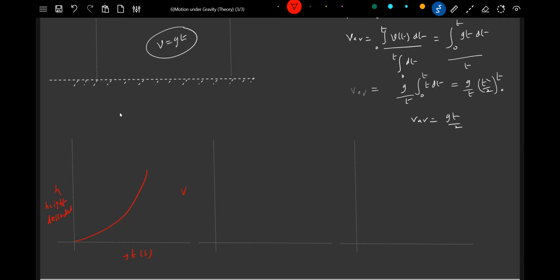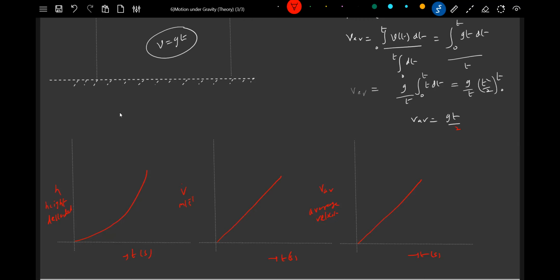So what about the velocity? It will be a straight line passing through the origin. What about the average velocity? It will also come linearly. Okay, this is for a freely falling object. So again, in the graph also, you can analyze all the things. So this is the overall picture for a freely falling object: the average velocity will increase with time.